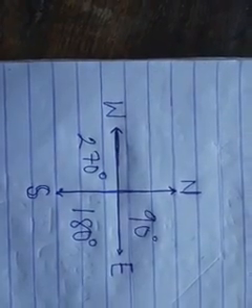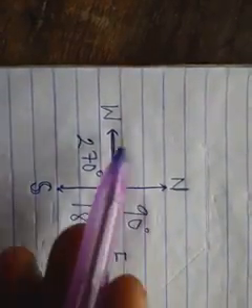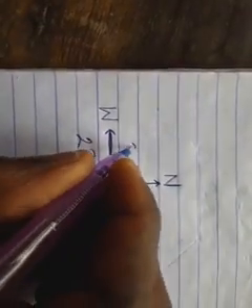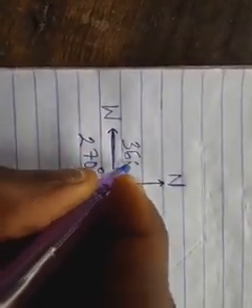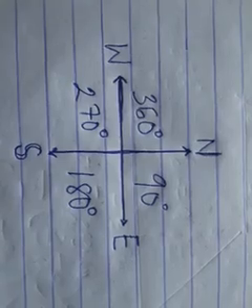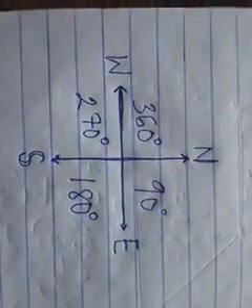And then the last and fourth quadrant is between the north and the west, which completes 360°. Now, hope it is clearly understood.